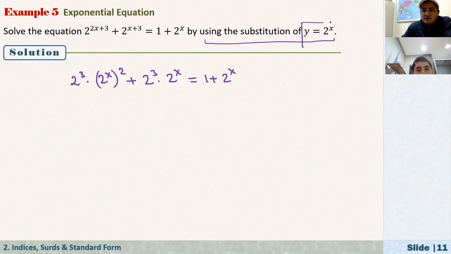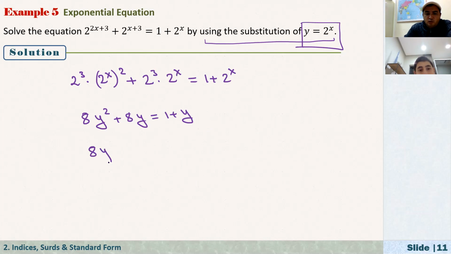Now using this notation, here we have 8 times y squared plus 8 times y is equal to 1 plus y. And then it becomes a quadratic equation here, right? So here we have 8y squared plus 7y minus 1 is equal to 0.